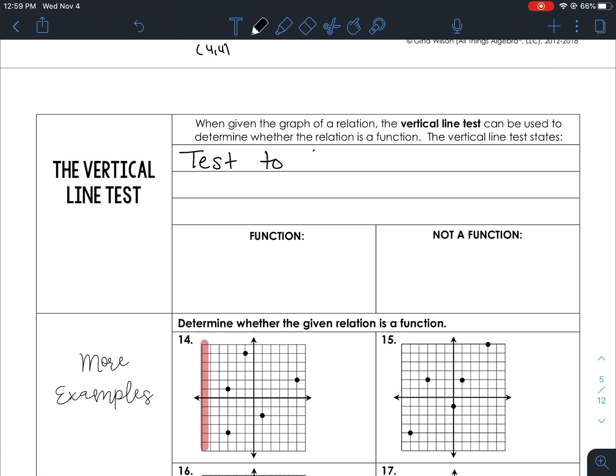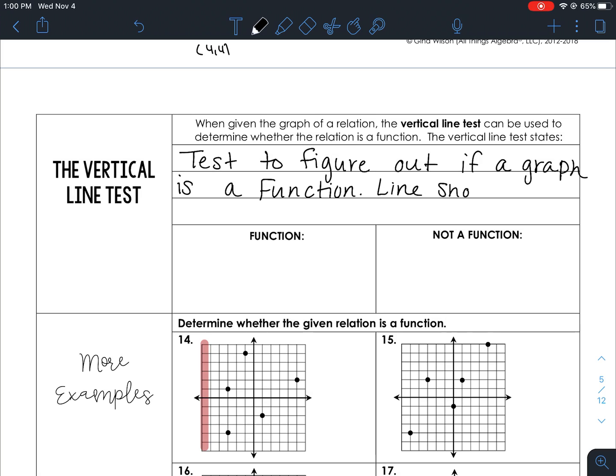So this is a test to figure out if a graph is a function. Your line should only hit the graph once.